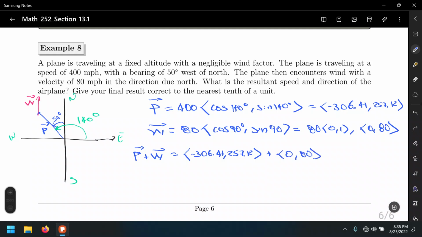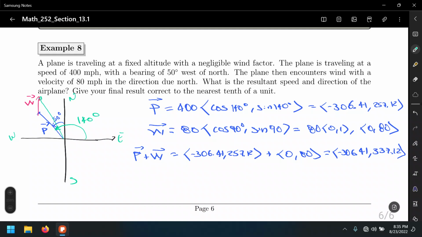The first component remains the same, negative 306.41, and 257 plus 80 is 337.12, right? So that's the resultant vector combining the two.